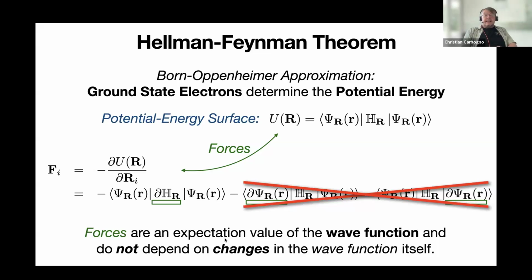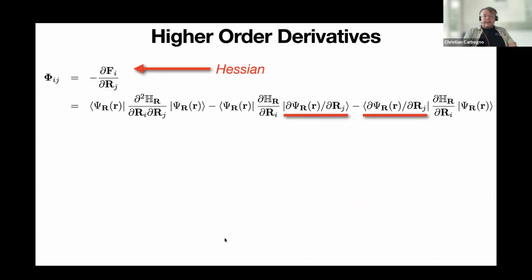However, this becomes more complex if we're trying to compute the Hessian. For the Hessian, we now have to compute the derivative of the force with respect to the position. We apply the same kind of chain rule again, and now we get similar terms. One term in which we have the expectation value of the second derivative of the Hamiltonian.